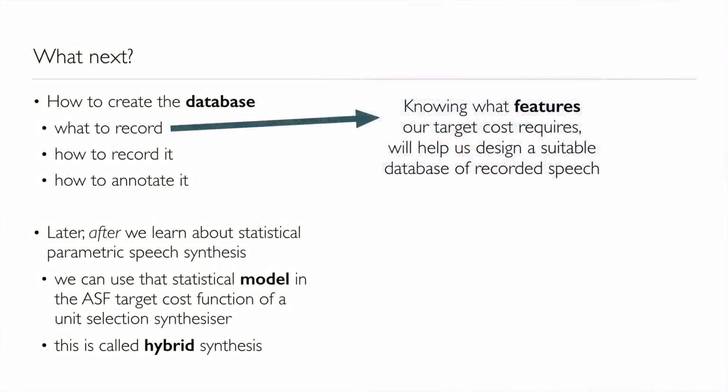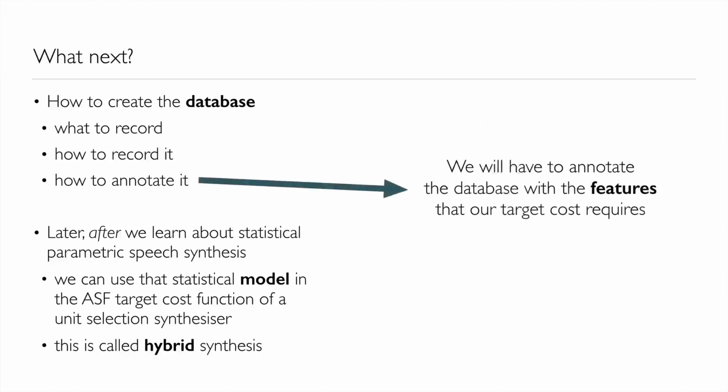When we come on to talk about the database, it will be important to fully understand our target cost, what features it requires, for example, because that will help us decide how to cover all of the permutations of features in the database. When we think about how to annotate the database, we'll probably want to do that automatically because the database is probably going to be very large.